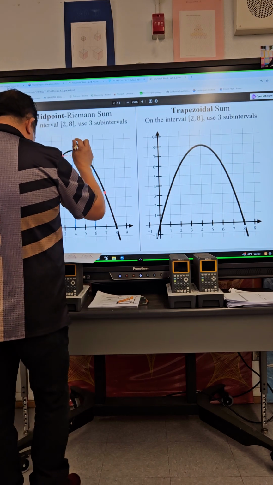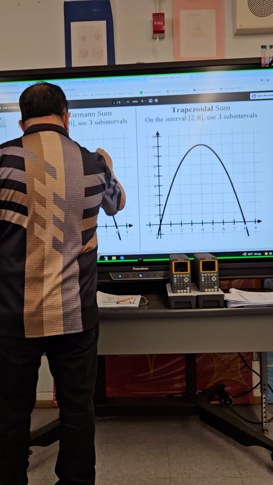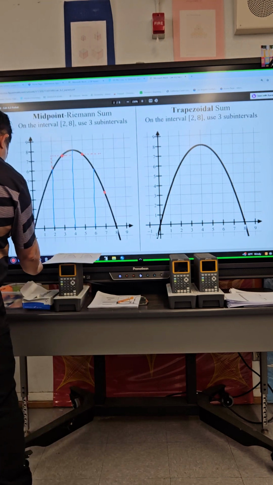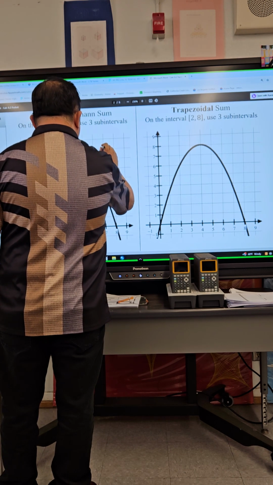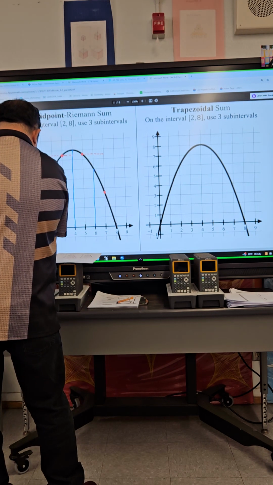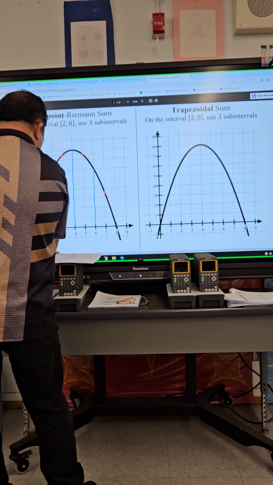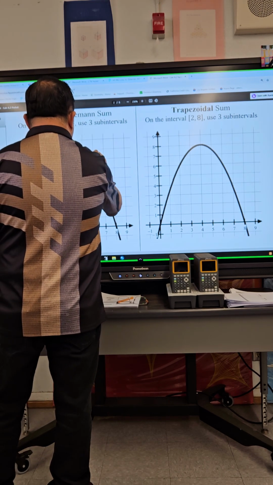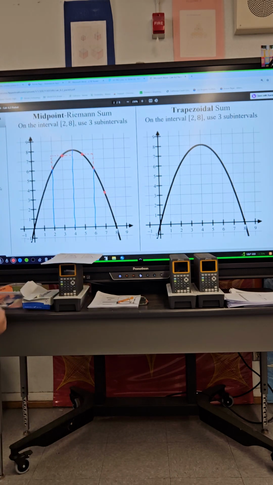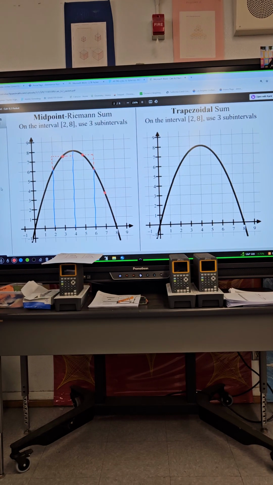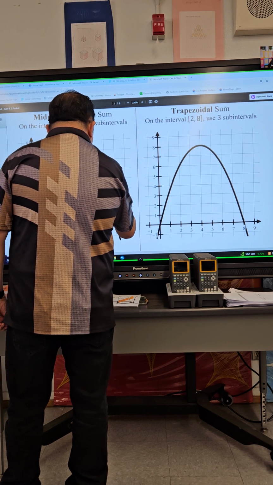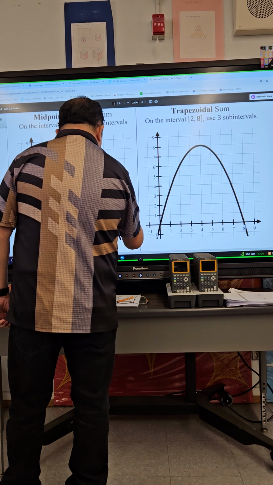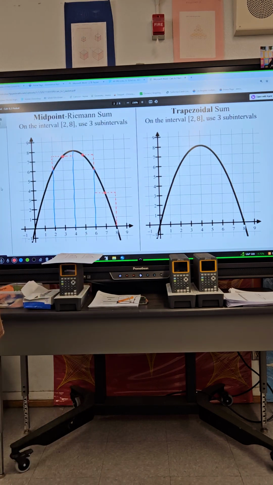So, continue this one. Okay. And what is the next rectangle? Right here. It's the midpoint. So you're gonna have to do.